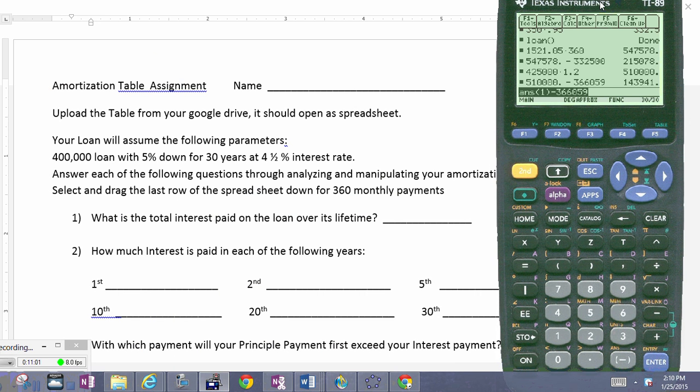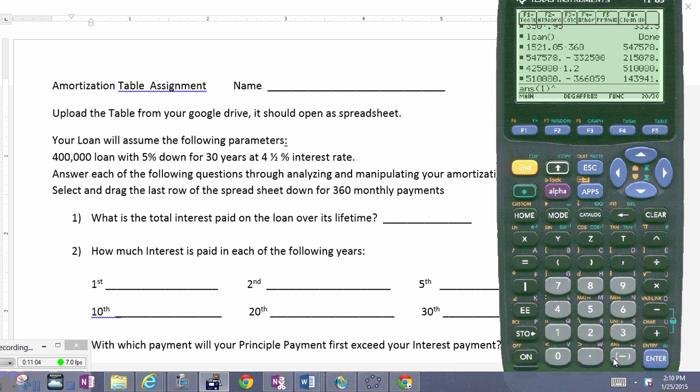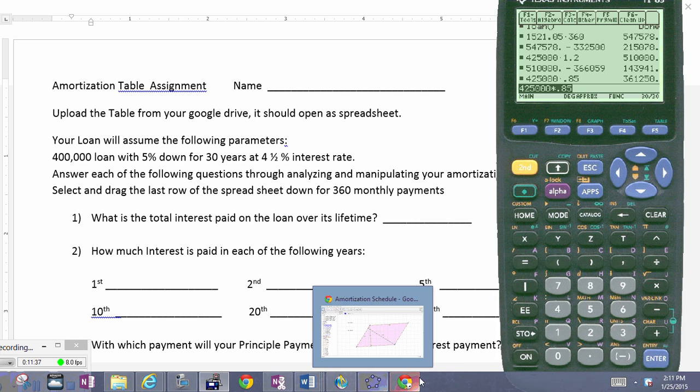Assuming that we're taking a loss now on our $425,000 property, times, now we're assuming that it's going to be worth only 85% of that. So it is now 361,250.